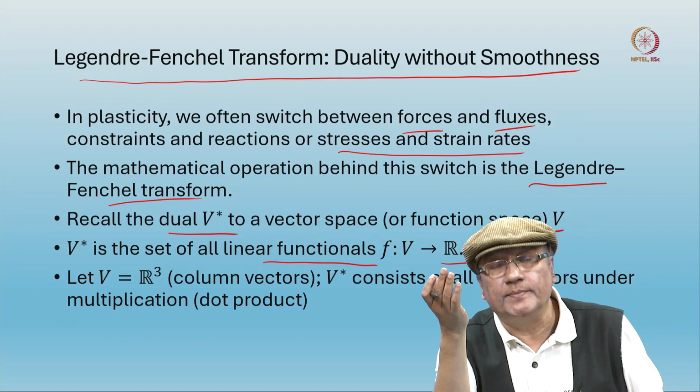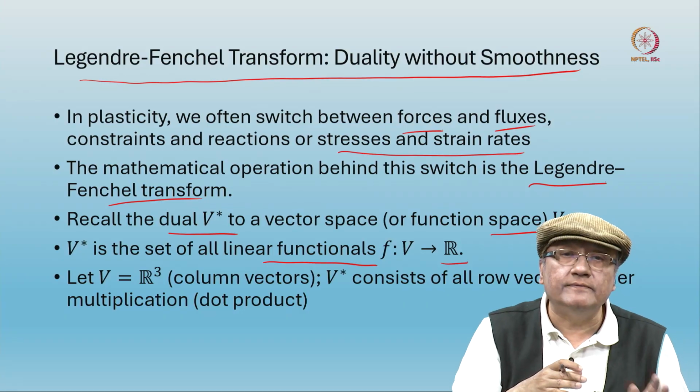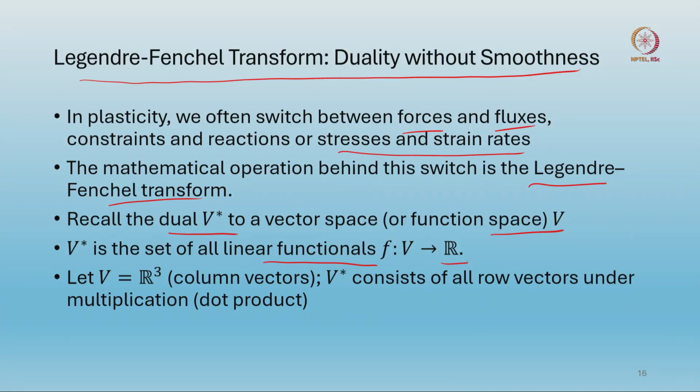Let us give an example. Let V be the vector space of all three dimensional vectors of real numbers, written as column vectors. Then V star will consist of row vectors.